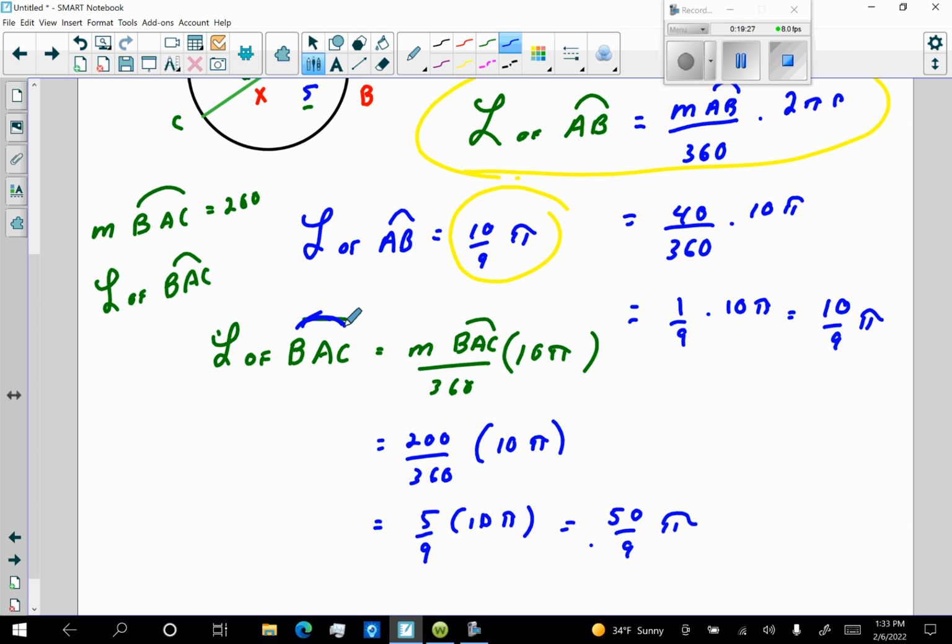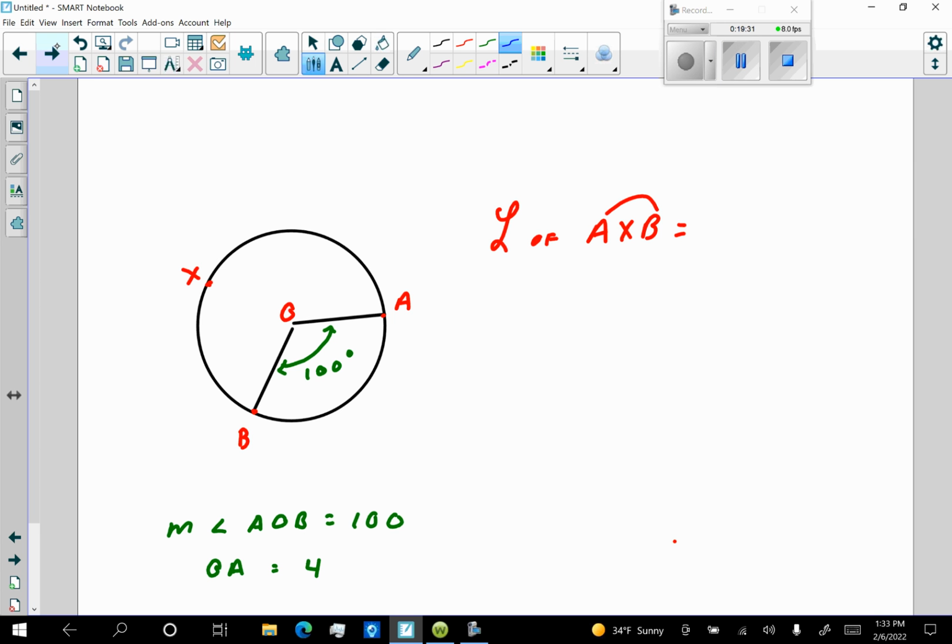All right, let's do another example. So I have the measure of AOB. Here's just another example. I have the measure of angle AOB is 100 degrees. OA is 4. And I want the length of arc AXB. Well, think about this.